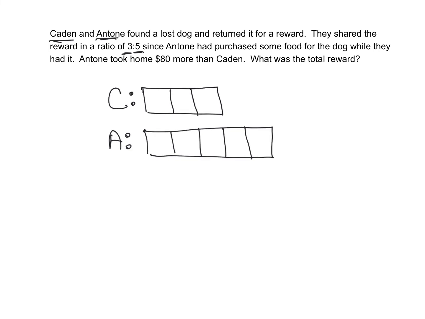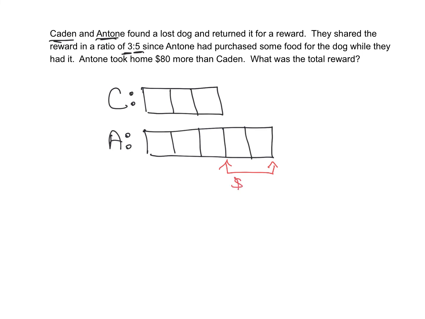The reason that I like this particular model for these types of problems is what it was telling us here. It says Antone took home $80 more than Caden. When we look at our model this way, we can see very distinctly these extra parts that Antone had. In this case, that represents the extra money that he had that Caden did not.